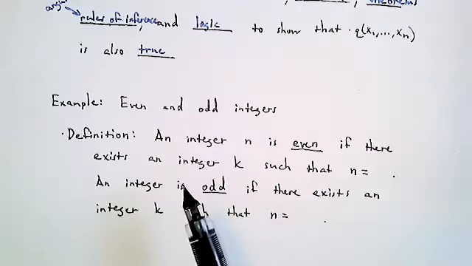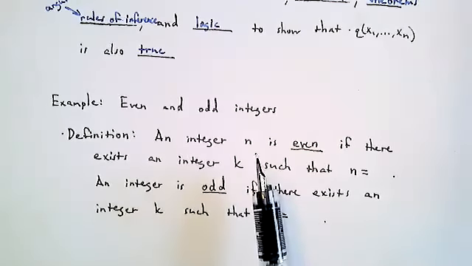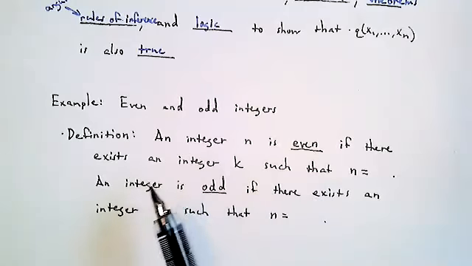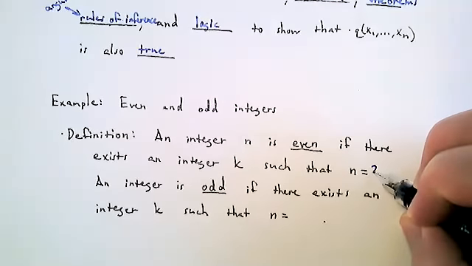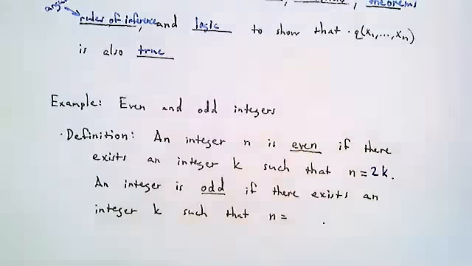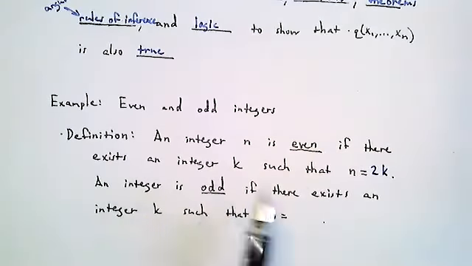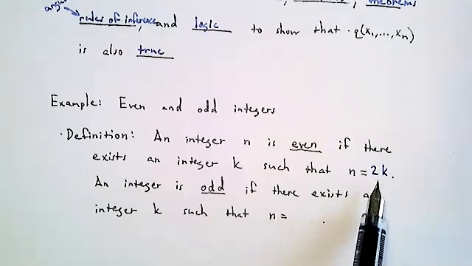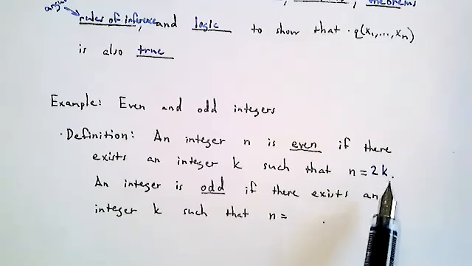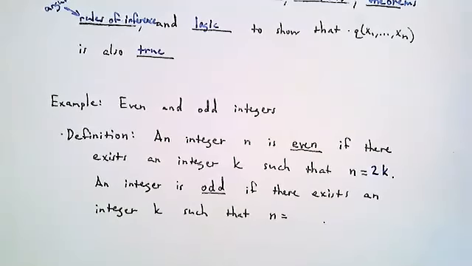This is the way a mathematician would put it. An integer n is even if there exists an integer k such that n is equal to 2 times k. So this is just another way of saying that n is a multiple of 2, or it's divisible by 2. That's what it means for a number to be even.